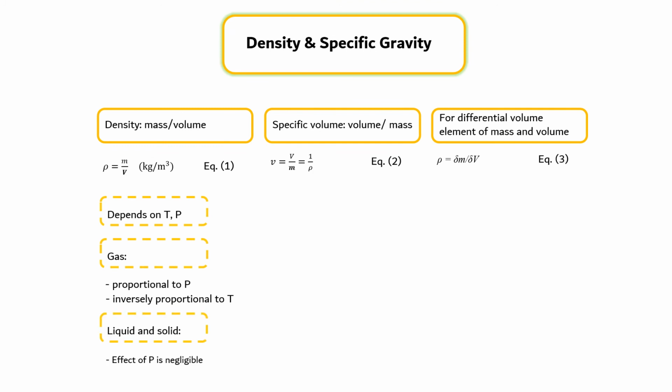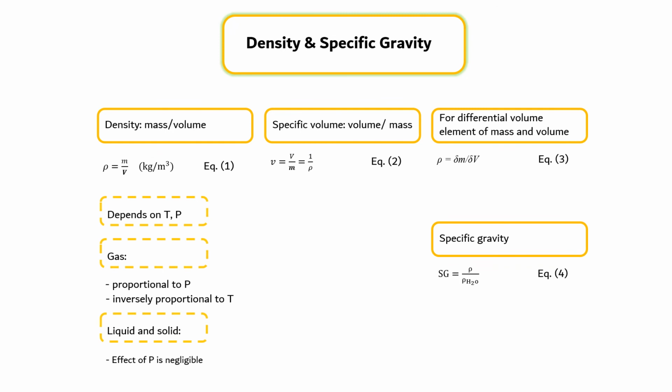Liquids and solids, on the other hand, are essentially incompressible substances, and the variation of their density with pressure is usually negligible. The density of a substance can also be expressed relative to the density of a well-known substance, defined as specific gravity or relative density.